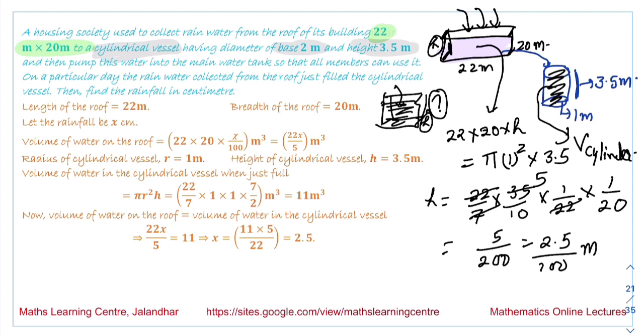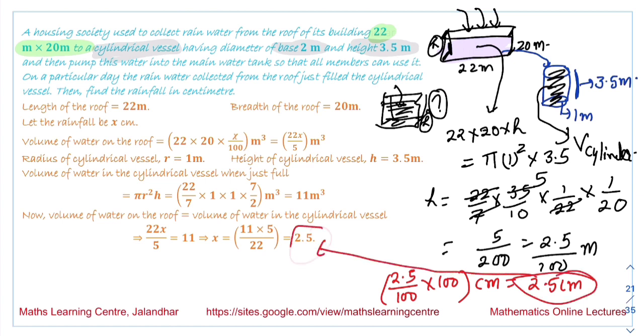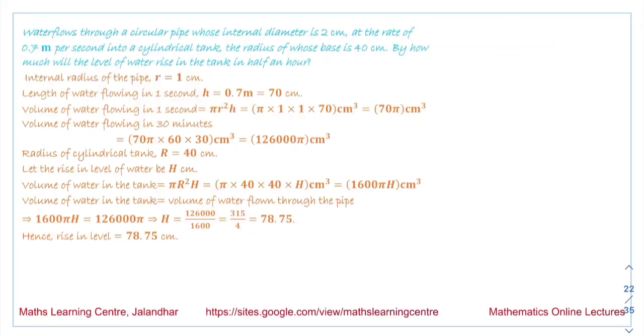If we multiply this value with 100, it is 2.5 by 100 into 100 centimeter. So this is equal to 2.5 centimeter. So we are saying the rainfall on the roof is 2.5 centimeter, up to the height of 2.5 centimeter.